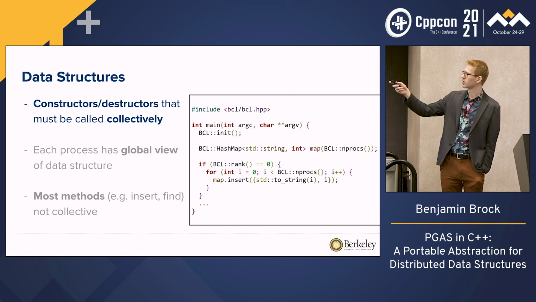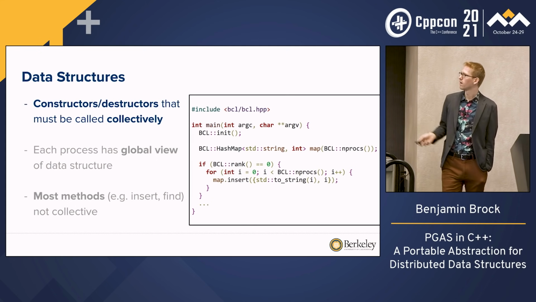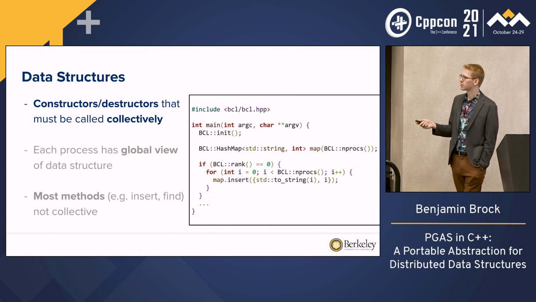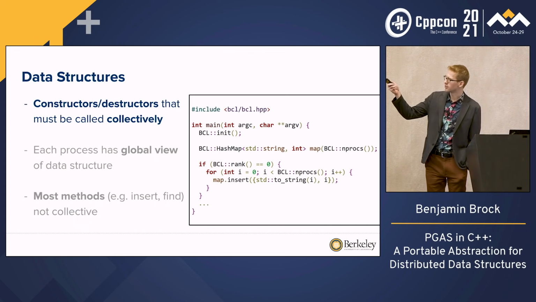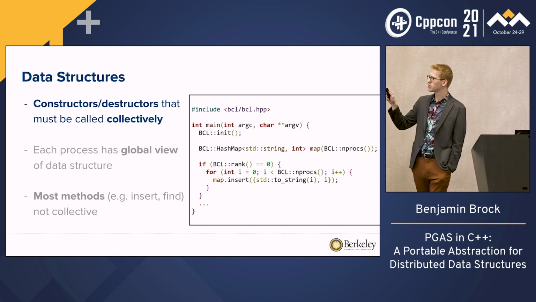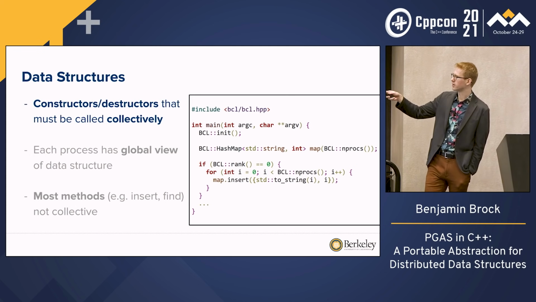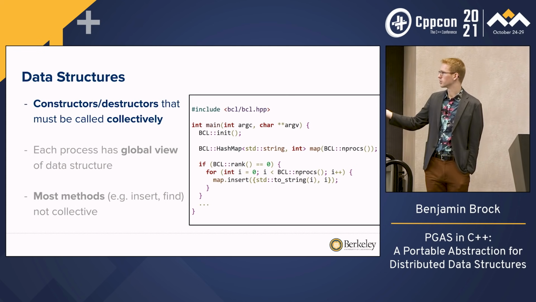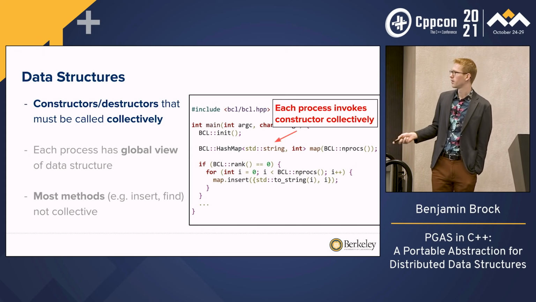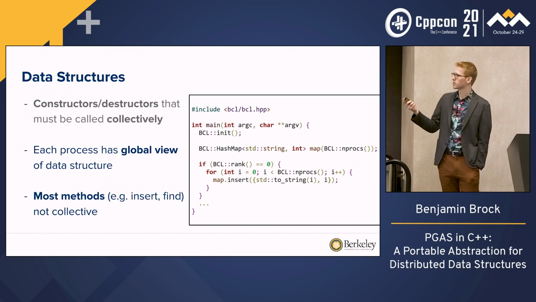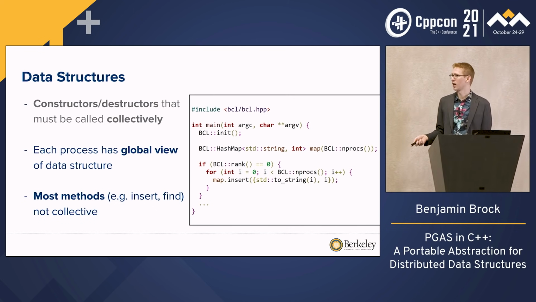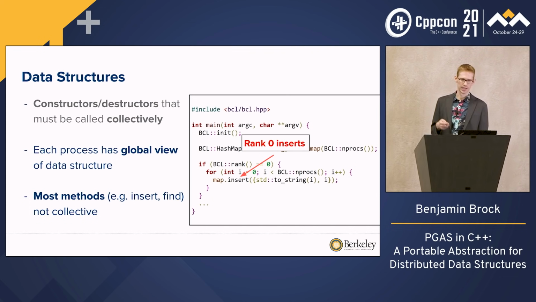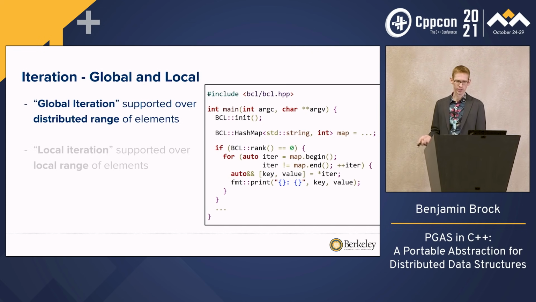We have a BCL hash map data structure, which is kind of an unordered map like data structure, and it's going to be distributed among all of the different processes. Then we can, for example, have rank number 0 insert a bunch of values into this hash table. Each process invokes the constructor collectively, and then each process is going to have a global view of the data structure, and we have rank 0 inserting into the data structure.